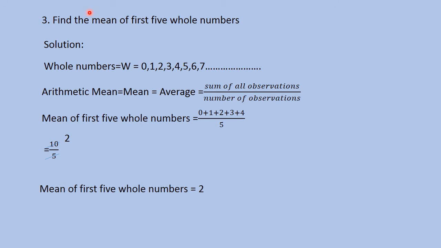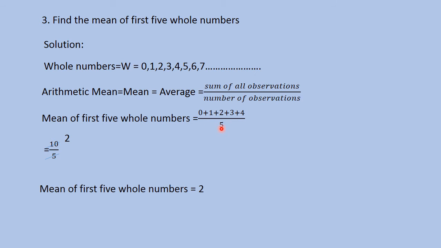Now he is asking to find the mean of the first 5 whole numbers. What are the first 5 whole numbers? 0, 1, 2, 3, 4. So for the sum of all observations, you add only the first 5: 0 plus 1 plus 2 plus 3 plus 4. How many are there? 1, 2, 3, 4, 5.